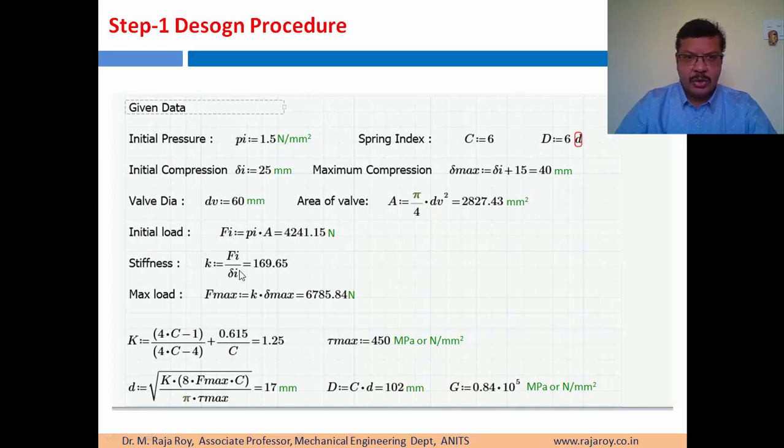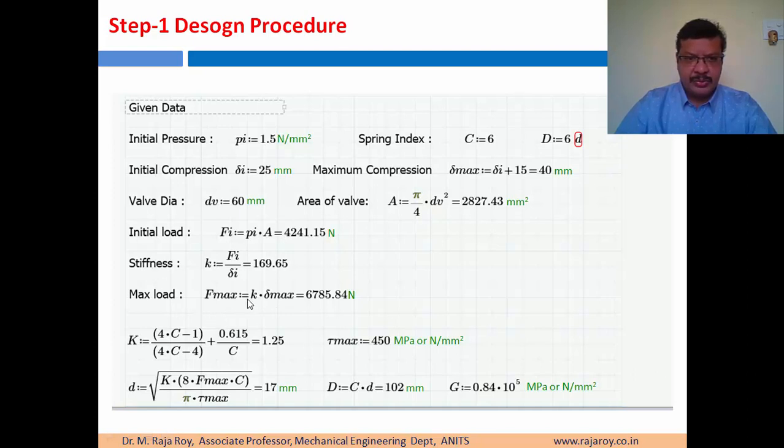From the initial load and initial compression, we can get the stiffness of the spring, K equal to load by deflection, that is the compression here. The ratio of Fi by delta i equal to 169.65, that is the stiffness. Then the maximum load acting on the spring we can calculate from the maximum deflection and the stiffness.